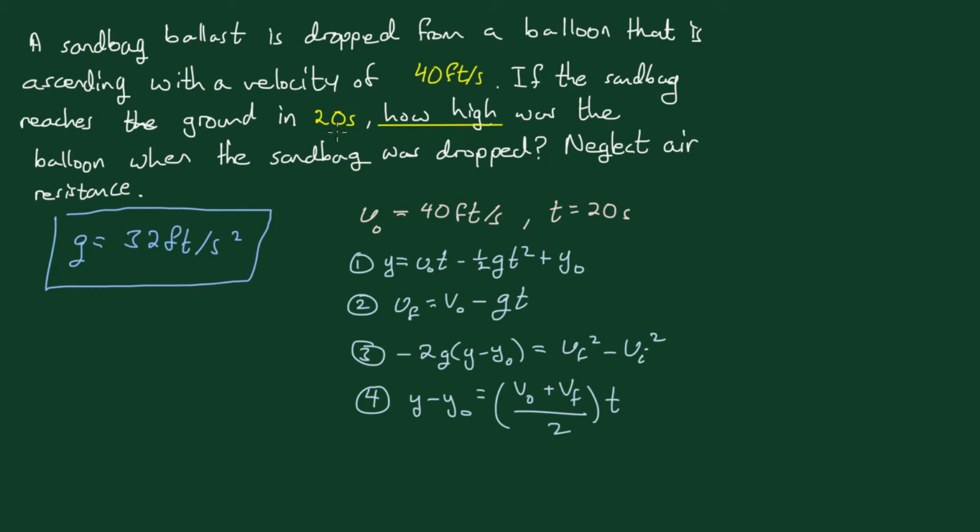At t equals 20 seconds, the sandbag is on the ground, so y, the height of the sandbag, should be 0. So y equals 0 at t equals 20 seconds. We'll keep that in mind, and we're going to be using formula number 1, the height formula.